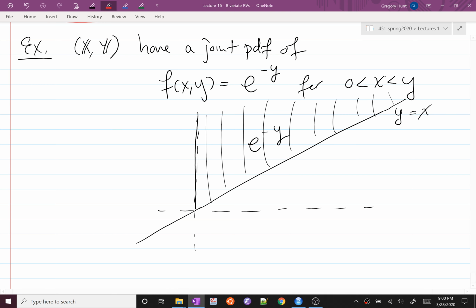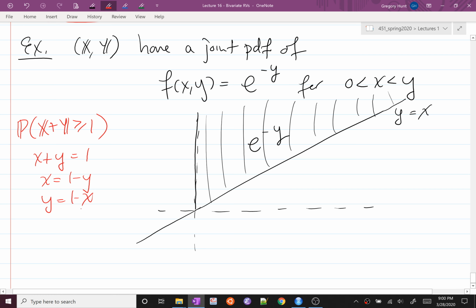Okay, and we can ask the same problem. What's the probability that x plus y is bigger than or equal to 1? I'll skip all the formalism. We need to figure out what the area is in this case. Again, if x plus y is equal to 1, this is the same thing as x is 1 minus y, or y is 1 minus x.